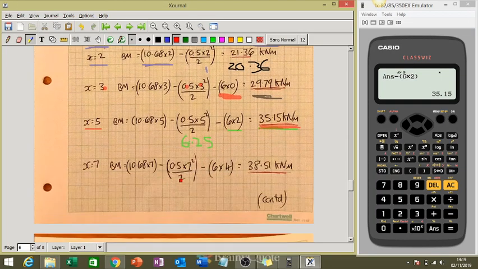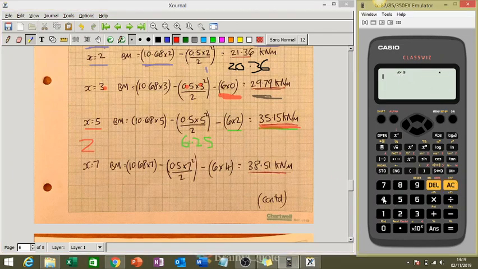So really we're just going up now, up by 2 meters each time. So just increase these by 2 now. 10.68 times by 7, that's my UDL bit, and that's my moment due to that, 6 times by the 4.